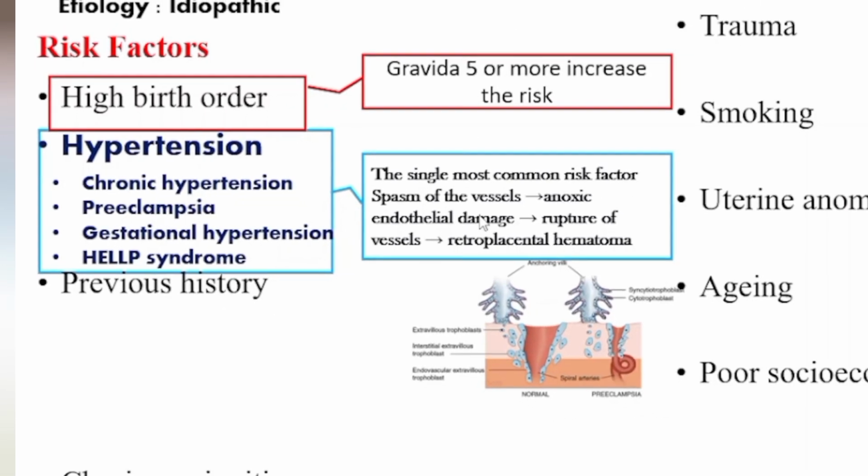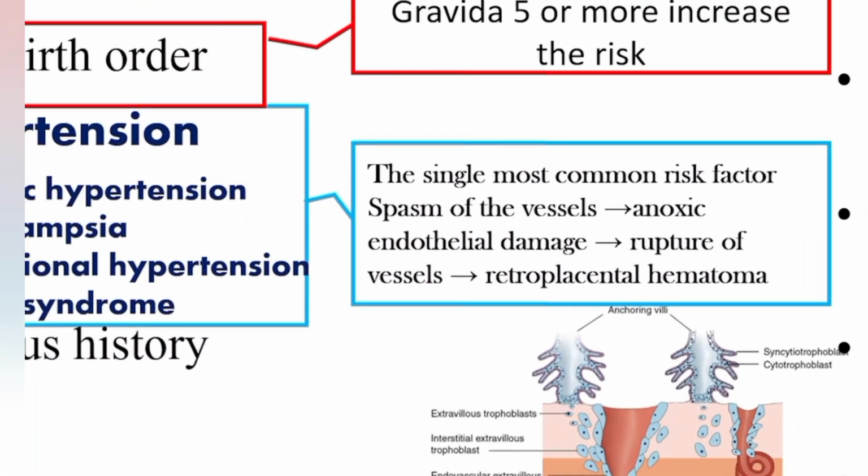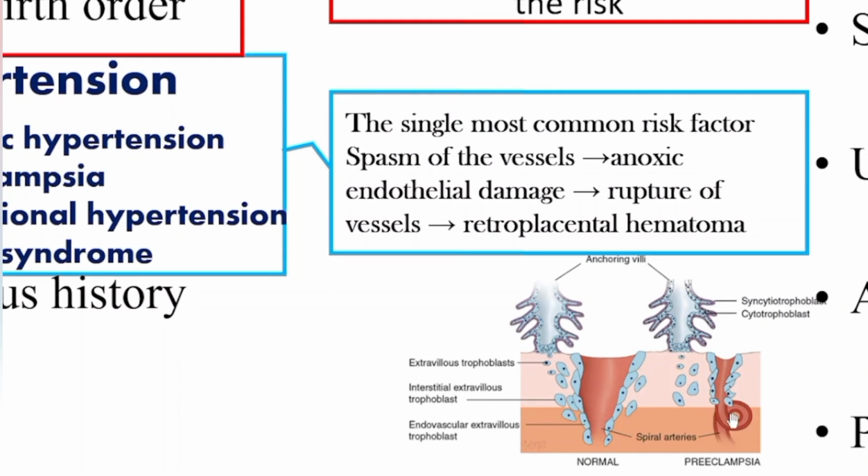So in hypertension, there is a spasm of blood vessels. You can see this is a normal blood vessel that supplies the placenta. But in case of hypertension, look here, there is constriction, there is twisting, and the anatomy is not very good. So that means there is a decrement in the blood flow that goes to the placenta.